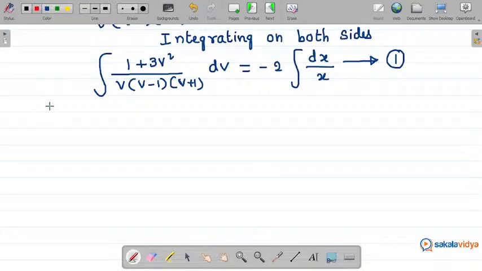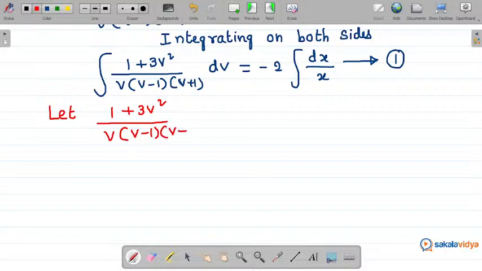Partial fractions means, let 1 plus 3v square by v times v minus 1 and v plus 1 be in the form, for each linear factor you get one partial fraction corresponding to it: for v, A upon v, plus B upon v minus 1, plus C upon v plus 1.